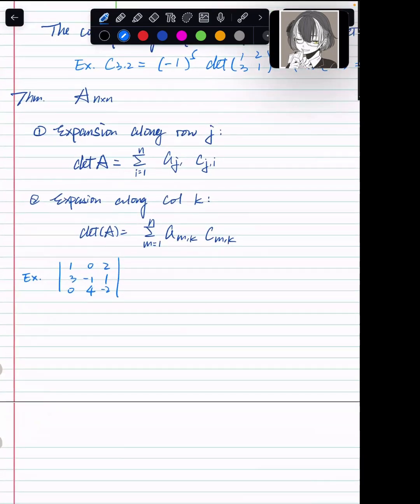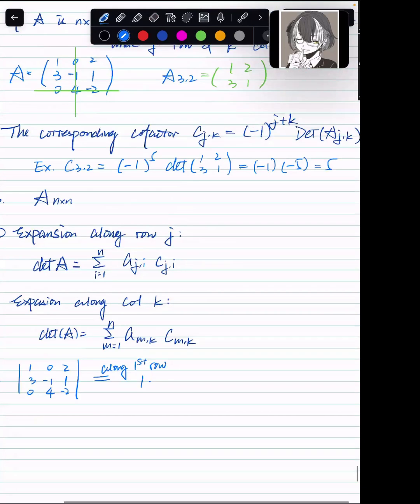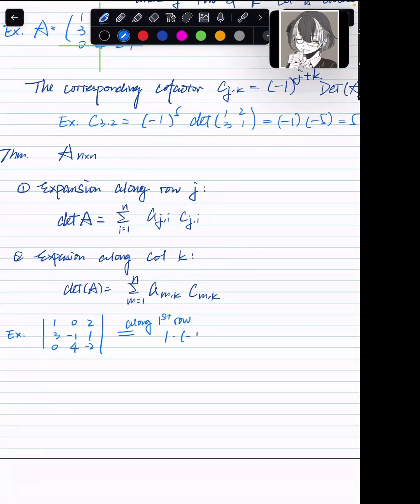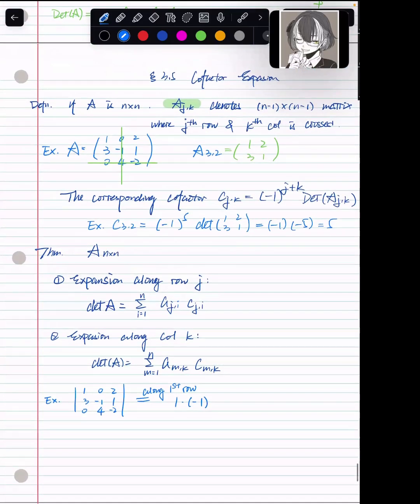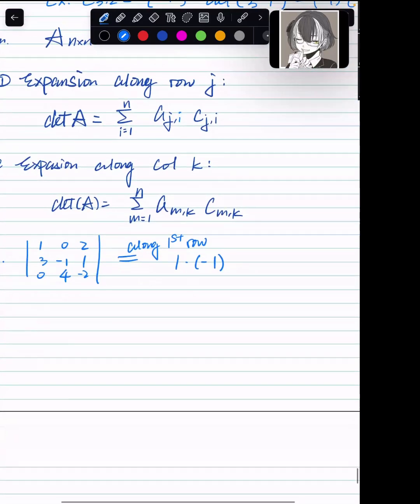If we expand along the first row, then my first term is A1,1, so that's 1 multiplied by -1 raised to a power of 1 plus 1, which is 2.